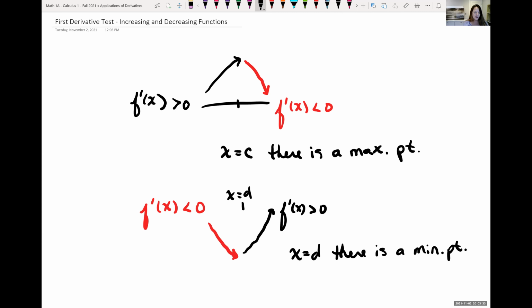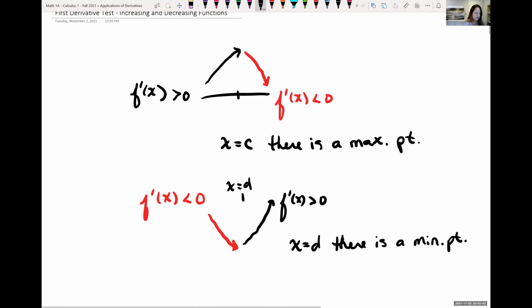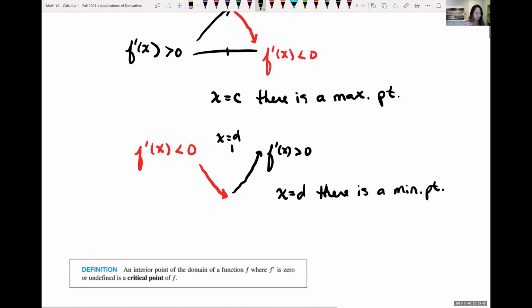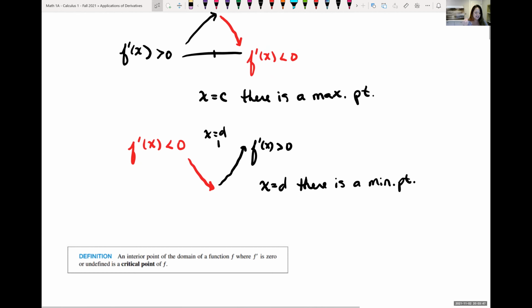So recall, I think this was back in 4.1 when we were looking at the extreme value theorem, finding absolute max and absolute mins. We talked about finding critical points. And so critical points, those were interior points of the domain of a function f where our derivative is equal to 0, or it's where the derivative is undefined.